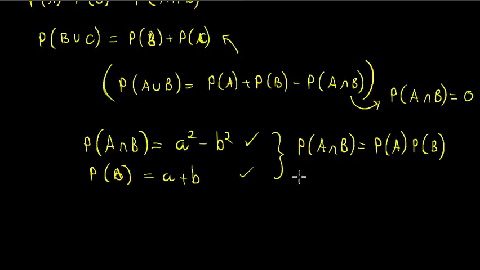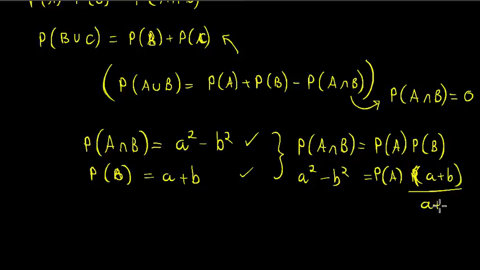P(A and B) is given as A squared minus B squared, P(A) is what we're trying to find, and P(B) is given as A plus B. To get P(A), I just divide both sides by A plus B. To simplify, I obviously have to factorize.